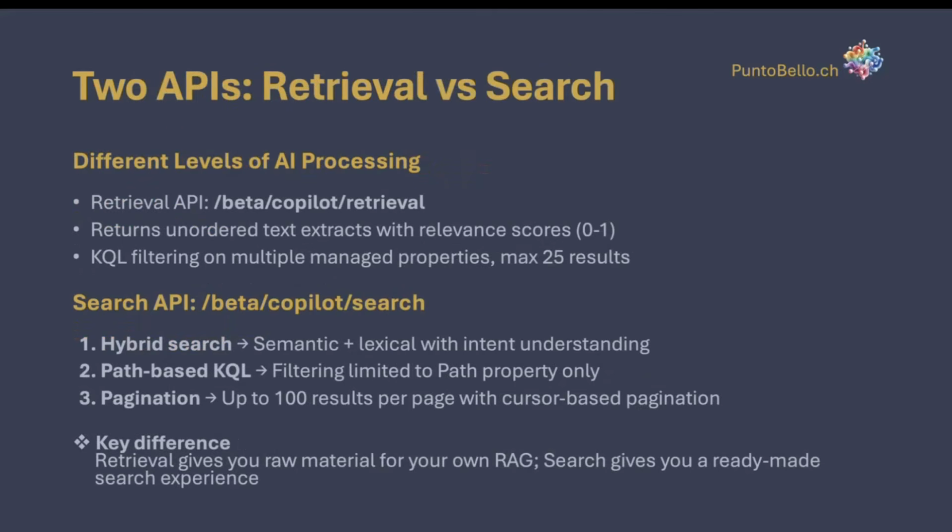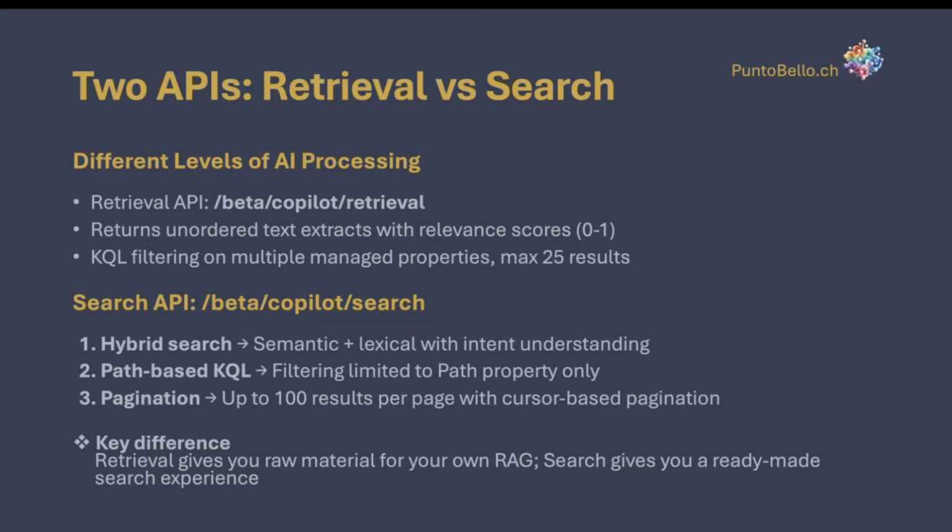The two APIs represent different levels of AI processing. The Retrieval API returns ordered text extracts with relevance scores, and it does not generate answers. So you will have to bring your own answer post-processing if you want to present this to the user.